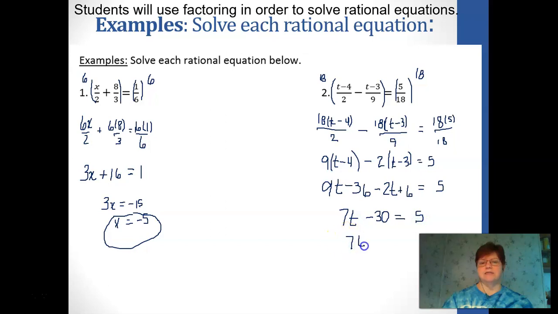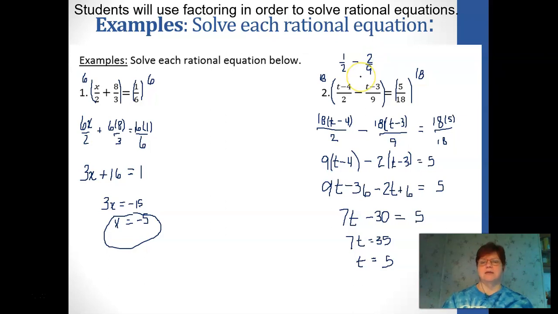So 7t equals 35. And so t would equal 5. So t minus 5 is 1. So that's 1/2. And that's minus 5 minus 3 is 2, so that's 2/9.